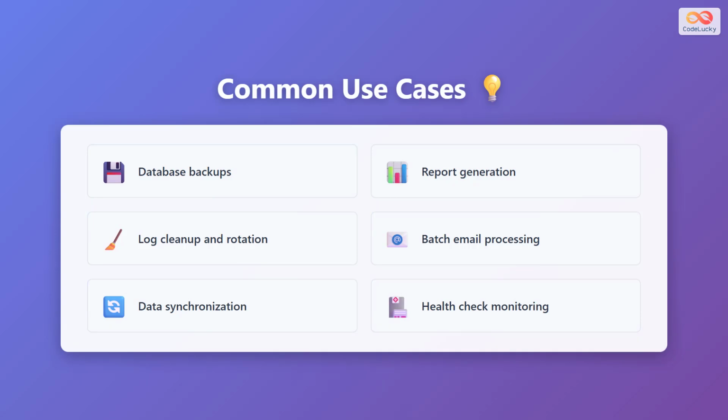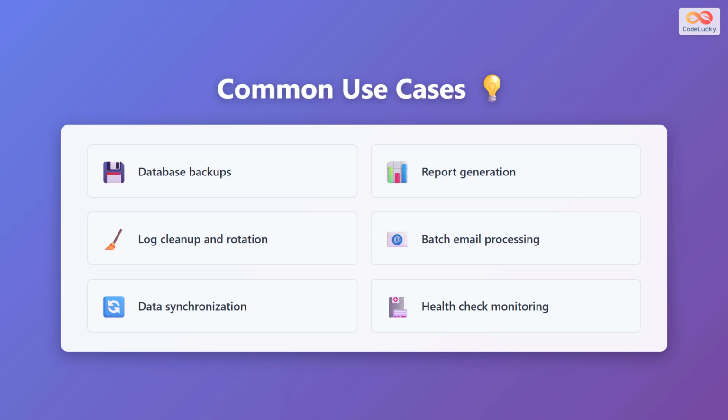CronJobs are ideal for various automated tasks in production environments. Database backups are one of the most common use cases, running nightly to ensure data safety. Report generation tasks can be scheduled to compile and send analytics or business reports. Log cleanup and rotation jobs help manage storage by removing old log files periodically.